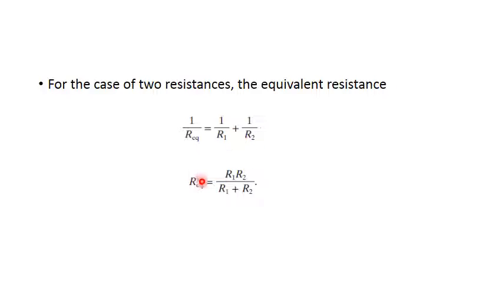So in other words, R equivalent would be R1 multiplied by R2 over R1 plus R2. This is a simple rule for only two parallel resistances: the equivalent resistance is the multiplication of these two resistances over the summation of these two resistances. This special case is for two parallel resistances only.